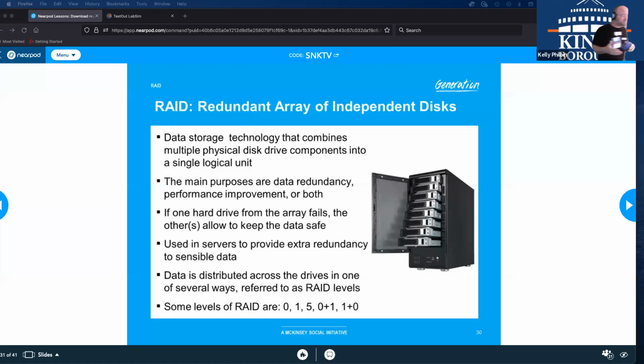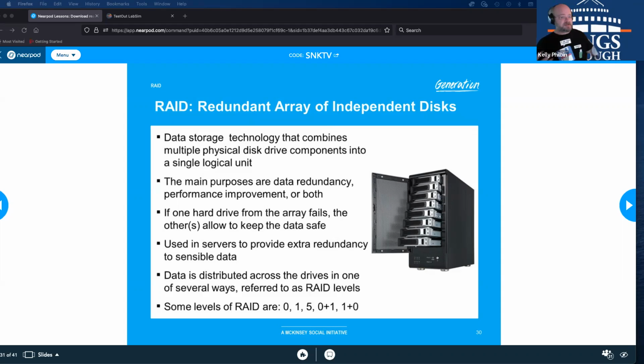So the main purpose of it is you're either trying to get data redundancy, like data integrity is really big. Like if you work for a credit card company, you don't want to lose who owes you money, right? So you want to make sure that you have backups of this data so that you can go back and make sure that your business can continue to function. So data integrity, or we would call that redundancy.